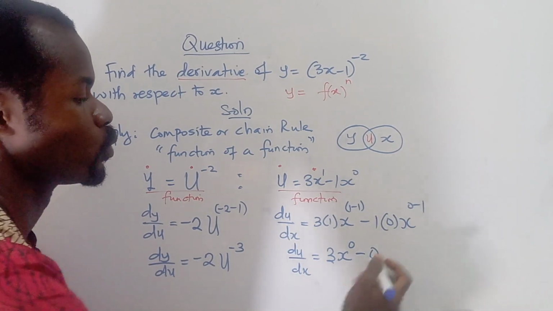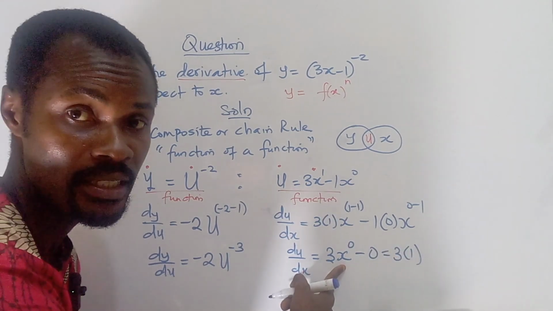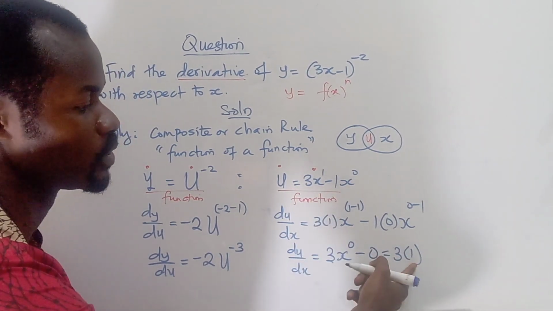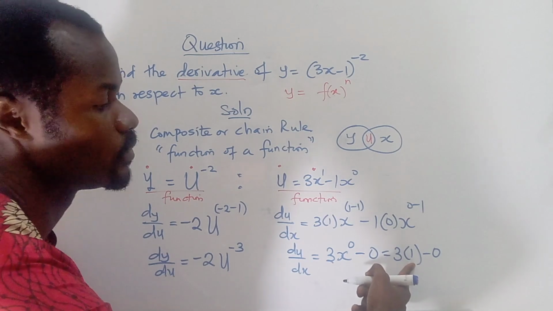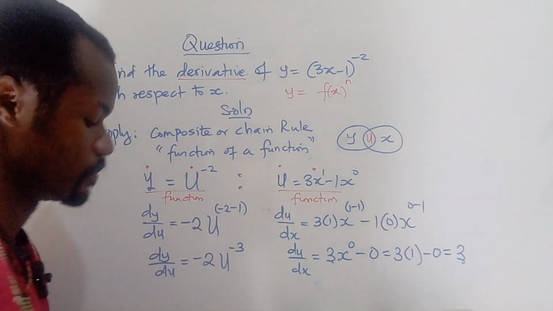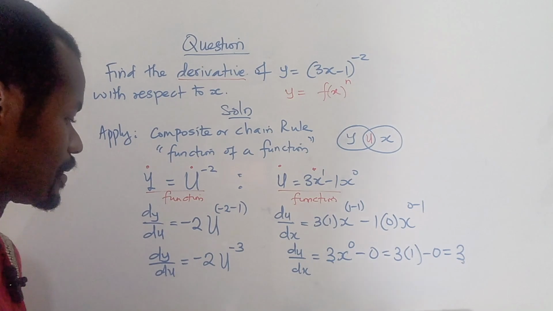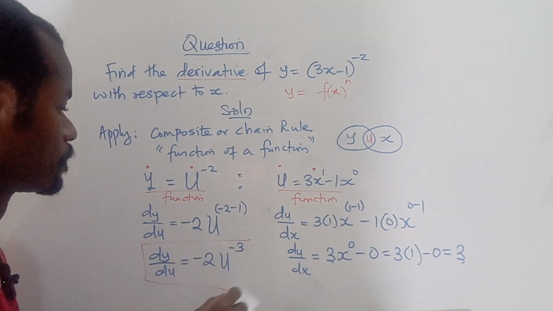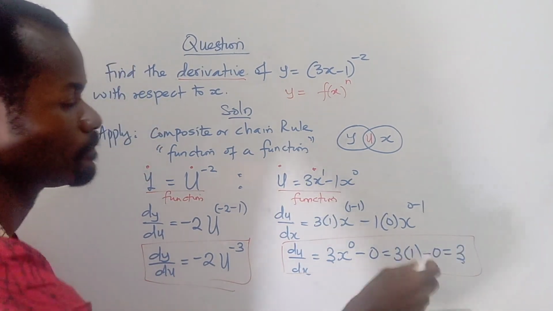So this is 3 times 1. Remember your law of indices: x raised to the power of 0 means 1. So 3 times 1 is 3, and 3 minus 0 is also 3. So I have gotten this function, which is 3.